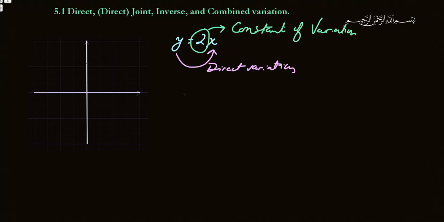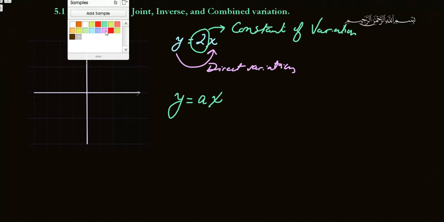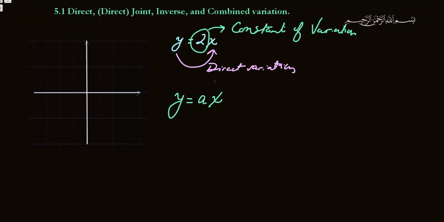We actually did this in Algebra 1. So y is equal to ax is an example of a direct variation where a is the constant of variation. Let me put it down over here. It's called the constant of variation, and y is said to be directly related to x.